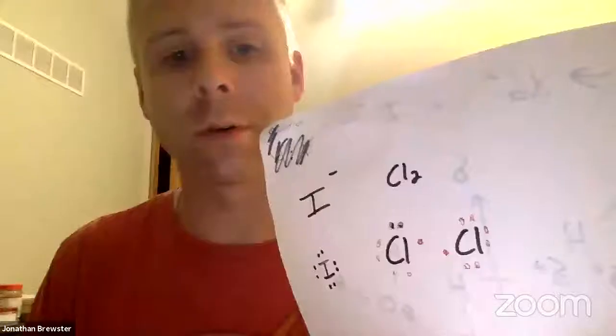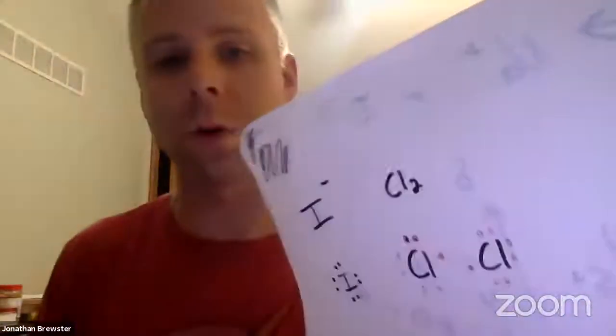So these 2 in the middle here end up forming the bond that is between the 2 chlorines, making it diatomic. But yet we know that chlorine wants electrons more than the iodine.